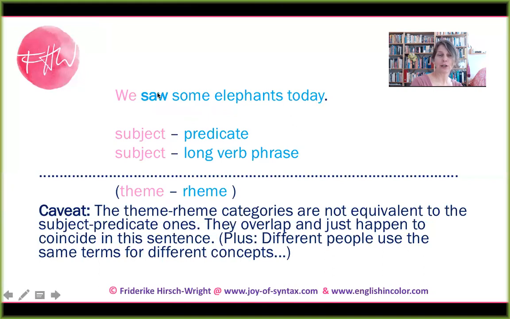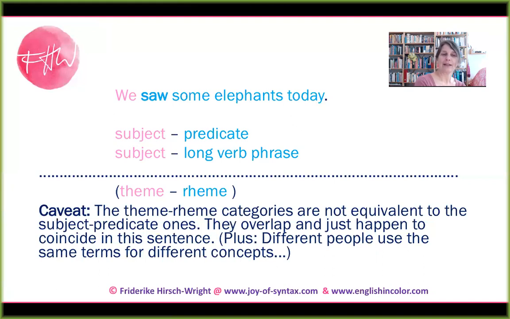Now, an unreduced clause always has a finite predicate, meaning it has a finite verb form and most likely something else. Now, careful, when I have a simple sentence like, he slept, then slept is both the finite verb form and the predicate. Intransitive verbs can alone provide the predicate, and often do, but more frequently there's some other stuff in the predicate.